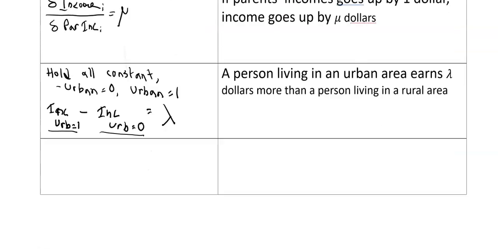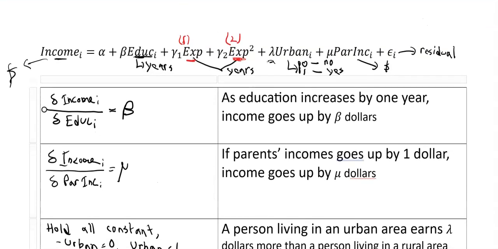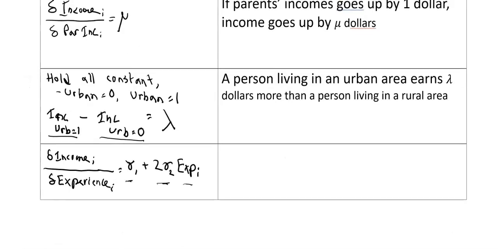So if I do that, my derivative is going to be gamma 1 plus 2 gamma 2 of experience. Now why 2 gamma 2? Well, since experience squared has a 2 here, when I take the derivative of that, I get 2 gamma 2 experience of the person. So we get this number here.